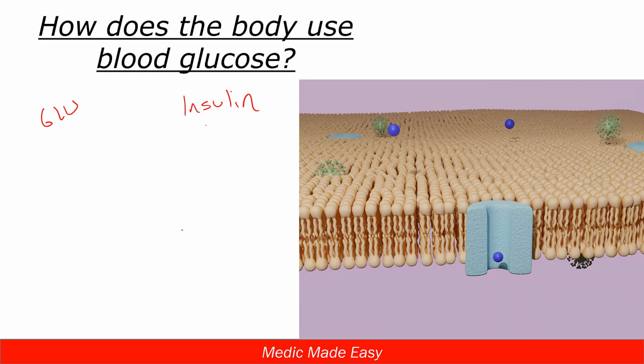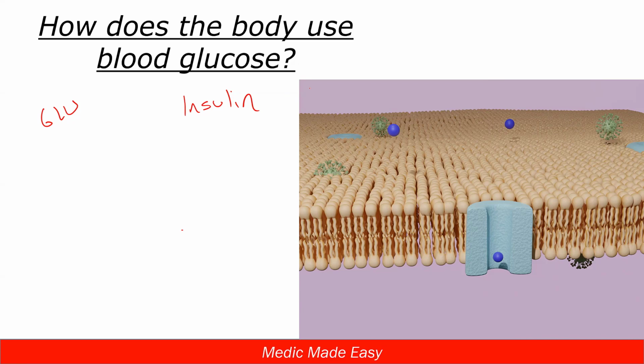Insulin gets made by the pancreas. A lot of people use the lock and door analogy for insulin. Insulin is really the lock that is opening the door for that sugar to actually get into the cell.